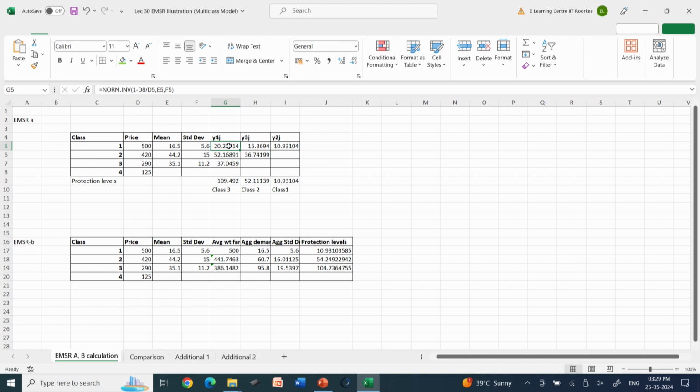D8 is the base, that is 125, and D5 for respect of which we are calculating, that is 500 price. So, it is basically, if you understand, this is 1 minus P4 by P1, that becomes the probability, and then you have mean, that is E5, and standard deviation, that is F5.